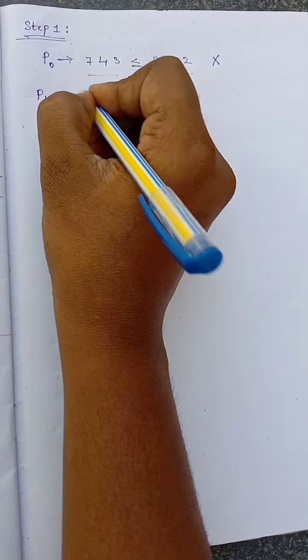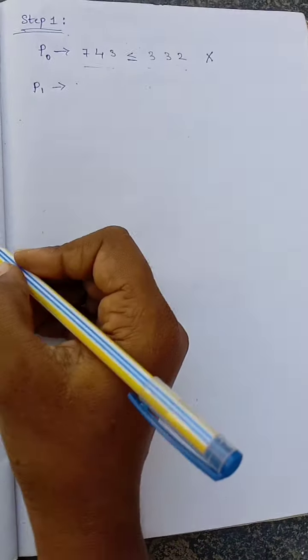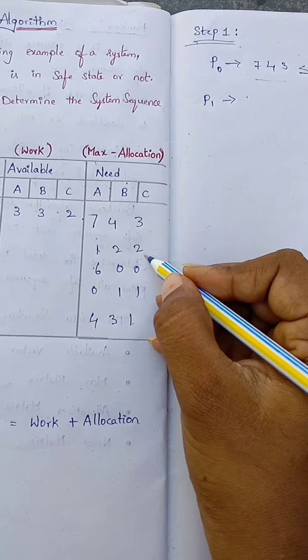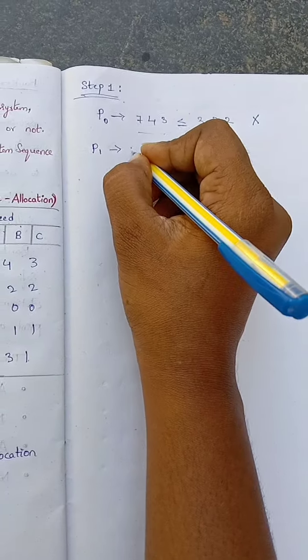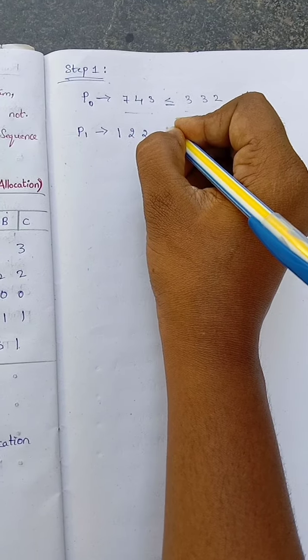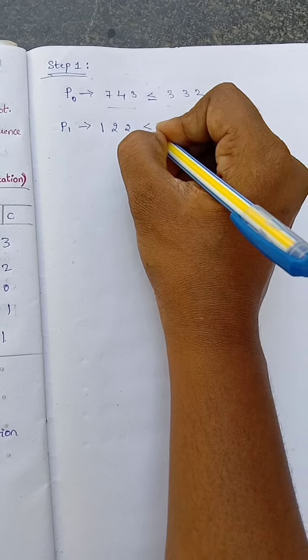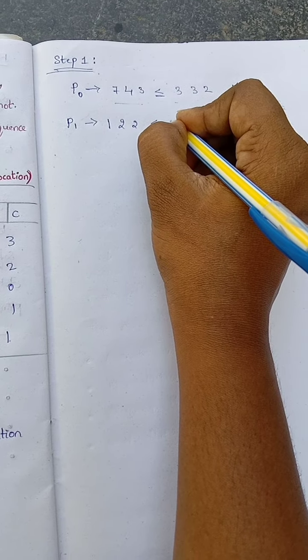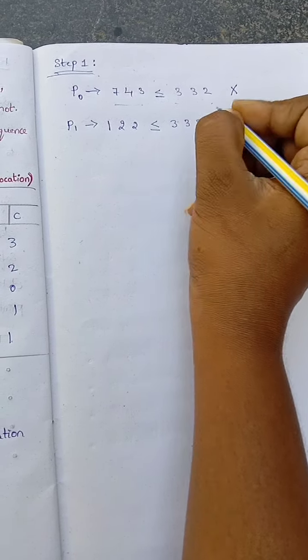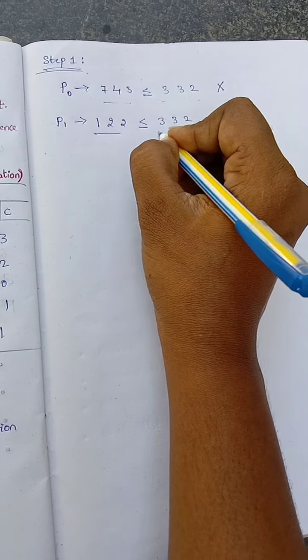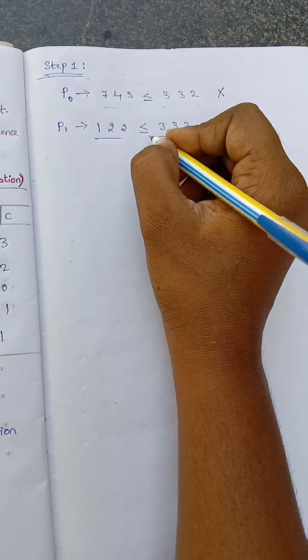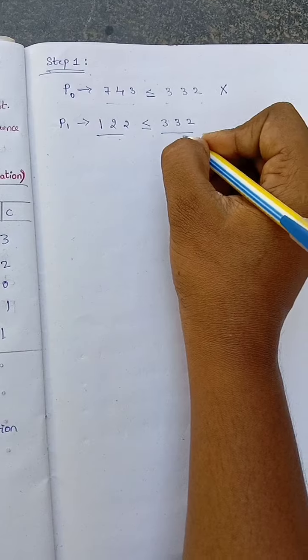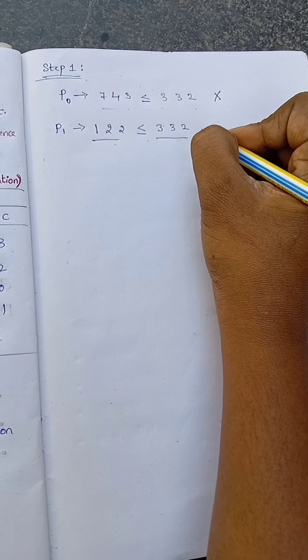The need of P1 is 1, 2, 2. We check whether it is less than or equal to the work, 3, 3, 2. Here 1, 2, 2 is less than or equal to work, so the condition is true.